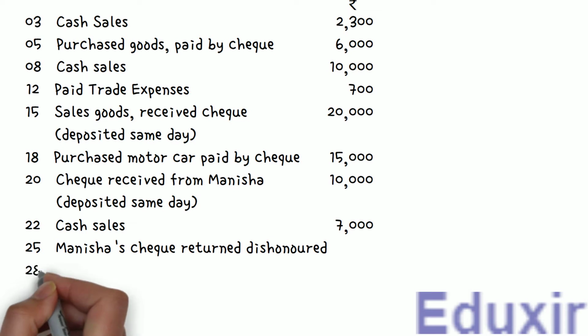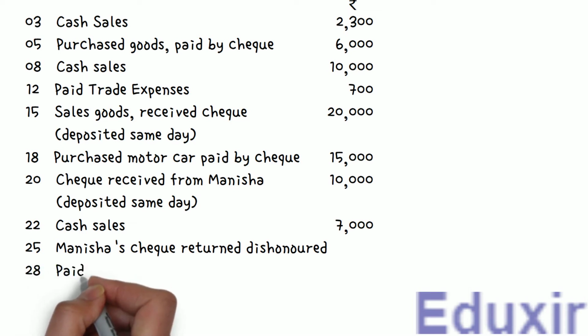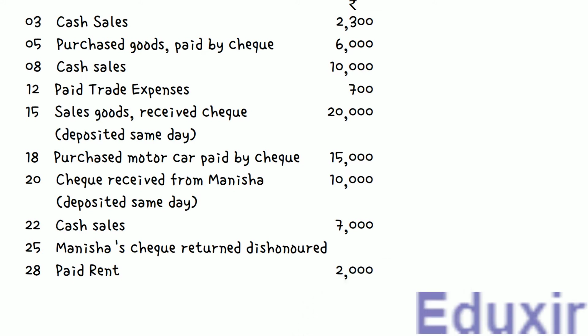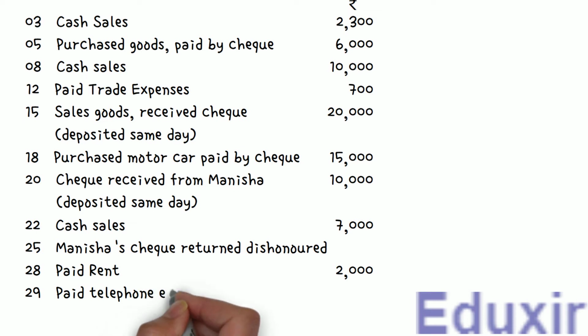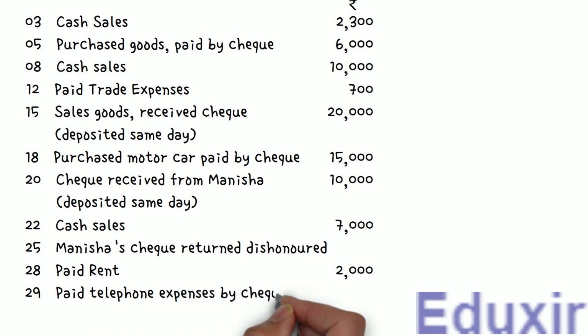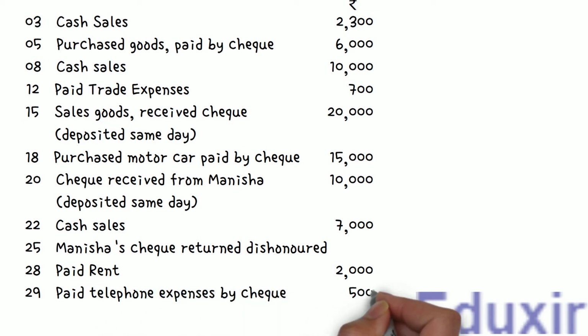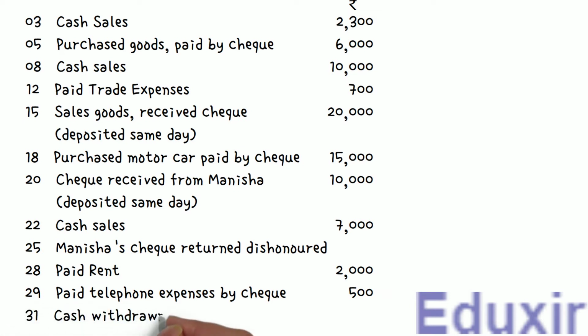On 28th July, paid rent 2,000 rupees. On 29th July, paid telephone expenses by check 500 rupees. On 31st July, cash withdrawn for personal use 2,000 rupees.